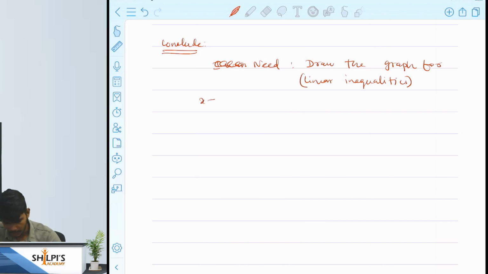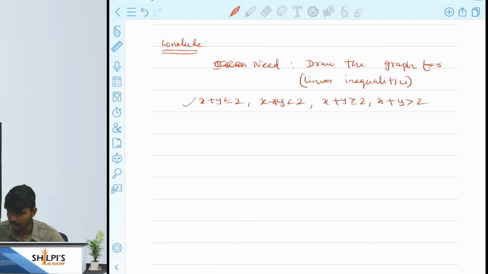It can be like x plus y less than or equal to 2, or x plus y less than 2, or x plus y greater than or equal to 2, or x plus y greater than 2. These are the 4 cases of linear inequalities. My need is to draw the graph for these 4 inequalities.